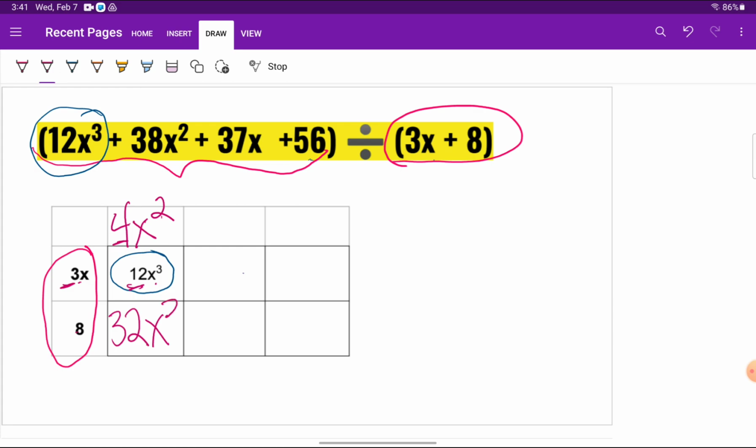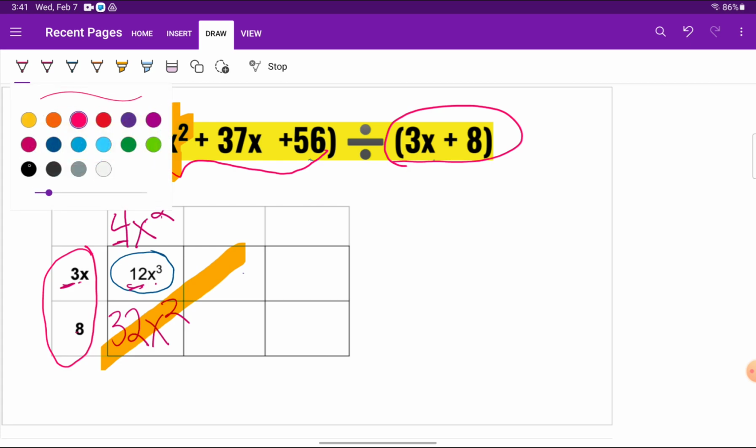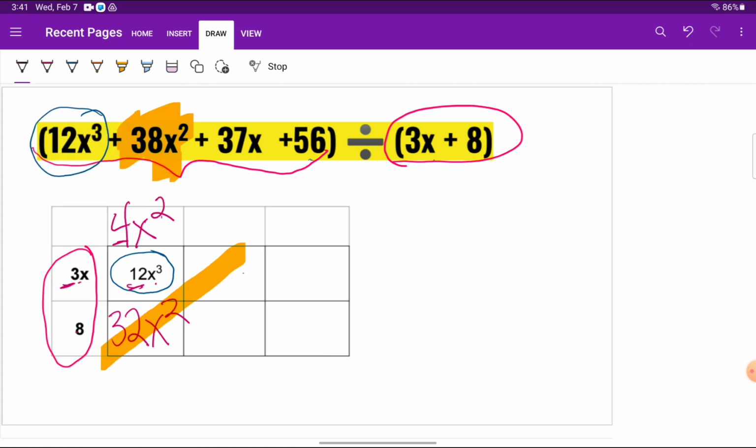Now I know that my other x squared should be here, and that when I combine these two together, it should equal 38x squared. What's missing is 6x squared. So now 32 plus my 6 is going to give me my 38.